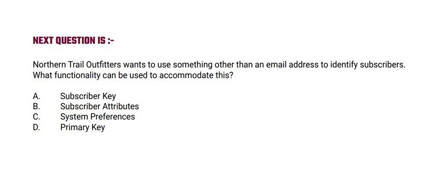Options are option A, subscriber key, option B, subscriber attributes, option C, system preferences, and option D, primary key. The correct option is option A.